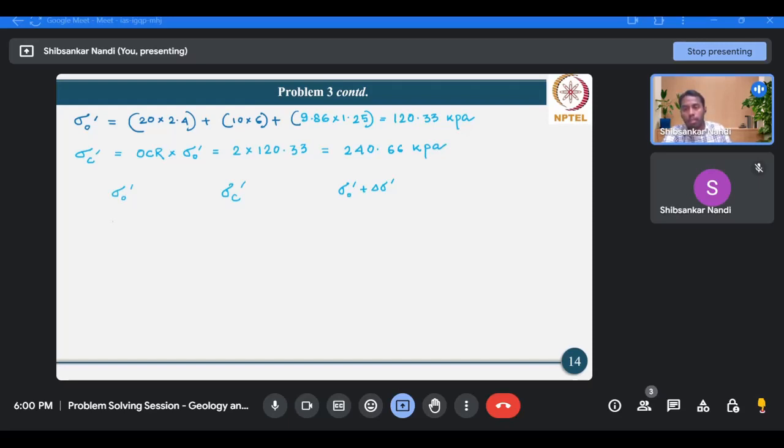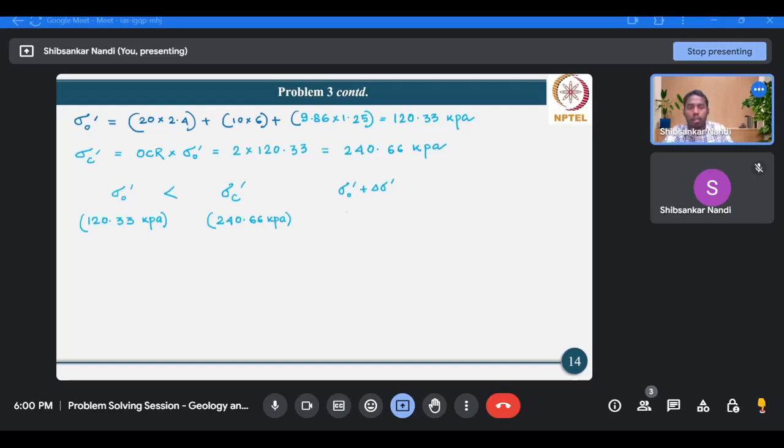As you can see, sigma 0 prime is 120.33 kPa, and sigma c prime is 240.66 kPa. So obviously sigma 0 prime is less than sigma c prime. Now we'll check whether sigma 0 prime plus delta sigma prime is less than or greater than sigma c prime.